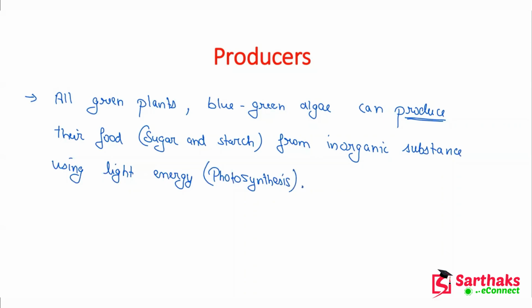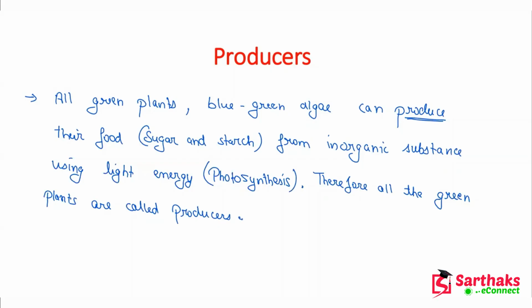Therefore all the green plants are called producers, and they are also called autotrophs, that means the organisms that can make their own food.